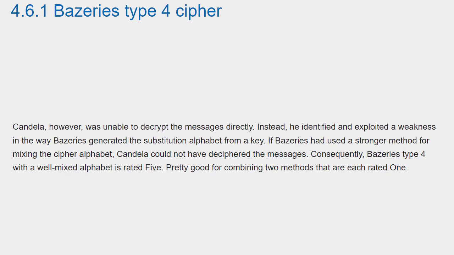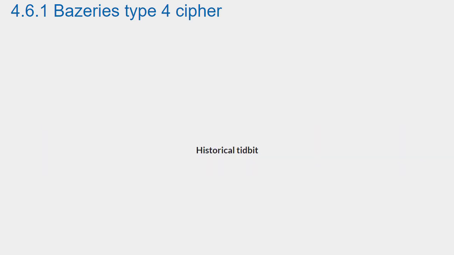Instead, he identified and exploited a weakness in the way Bazary generated the substitution alphabet from a key. If Bazary had used a stronger method for mixing the cipher alphabet, Candela could not have deciphered the messages. Consequently, Bazary Type 4 with a well-mixed alphabet is rated 5. Pretty good for combining 2 methods that are each rated 1.